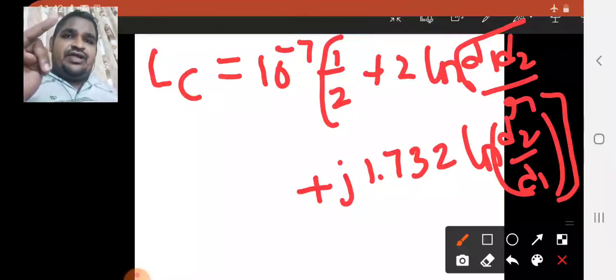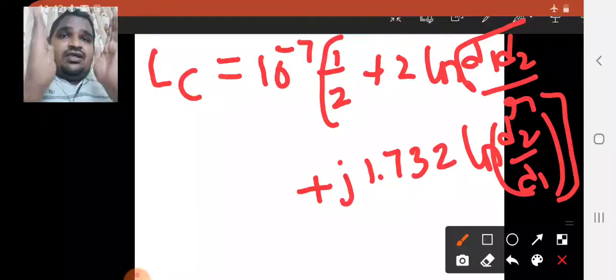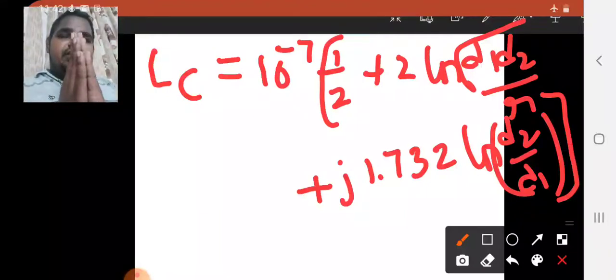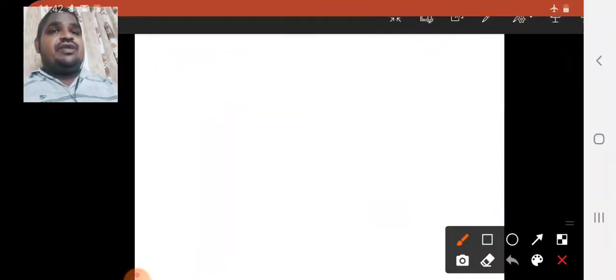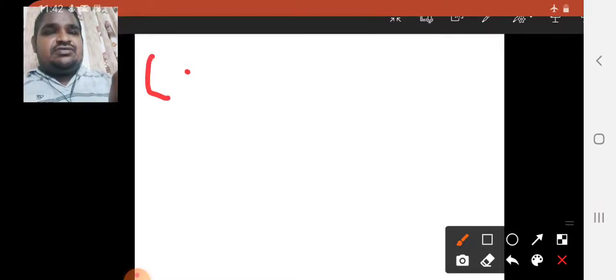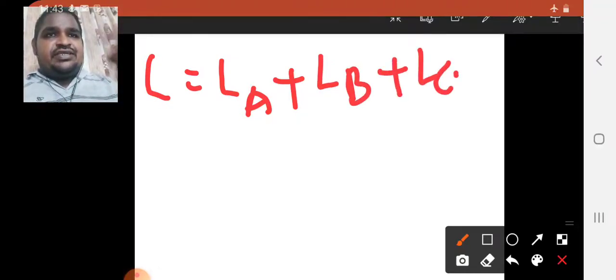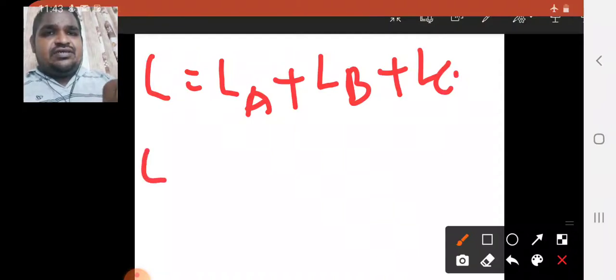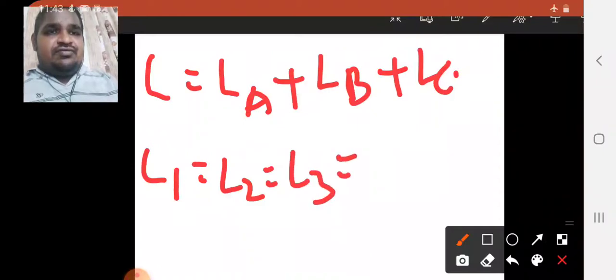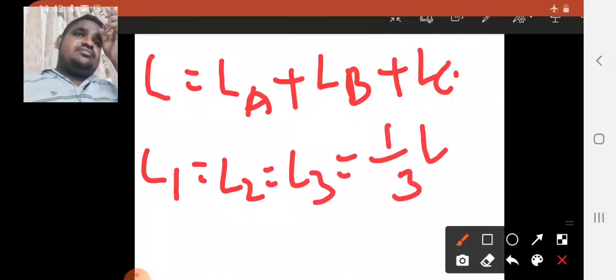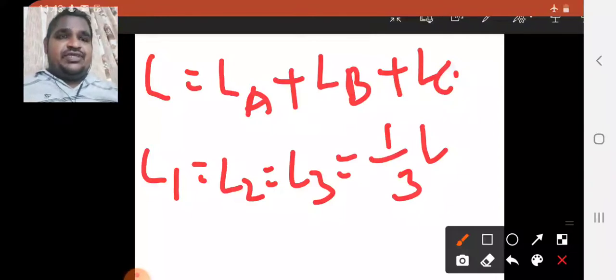Now we need to find the total line inductance, that is, the total inductance of the 3 lines. Here we can write L is equal to LA plus LB plus LC. Then the inductance of each line, L1 equals L2 equals L3, is 1 by 3 into L, that is 1 by 3 into LA plus LB plus LC.